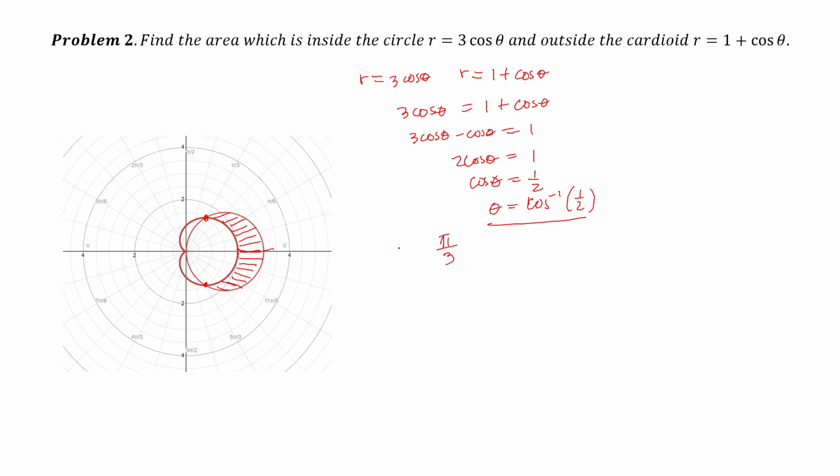Our intersection point has radius 3 halves and angle pi over 3. Here, this is 3 halves and pi over 3.